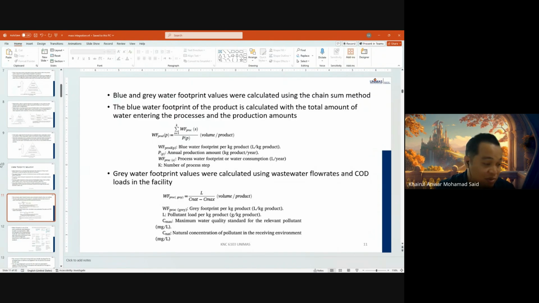In this equation, the term C max refers to the maximum allowable water quality standard, and C natural is the natural concentration of the pollutant in the receiving environment, meaning within that environment, the compound is already there.